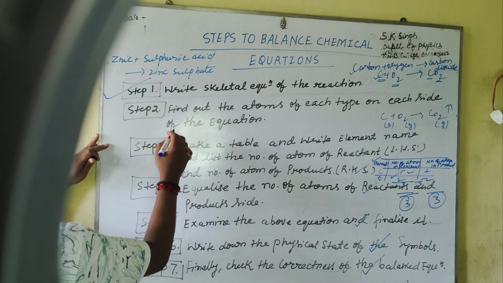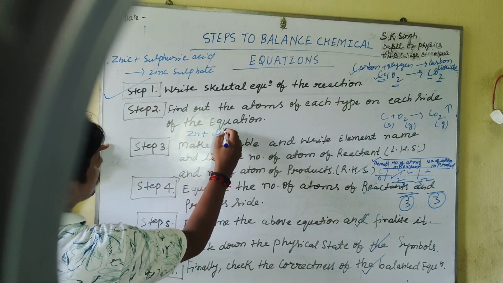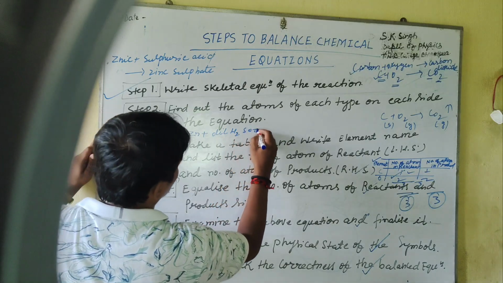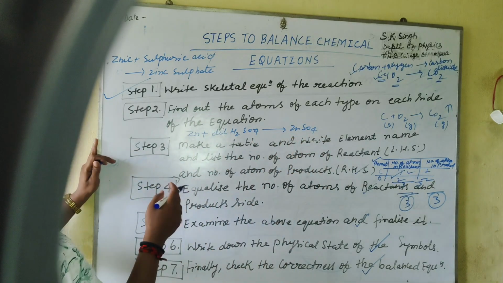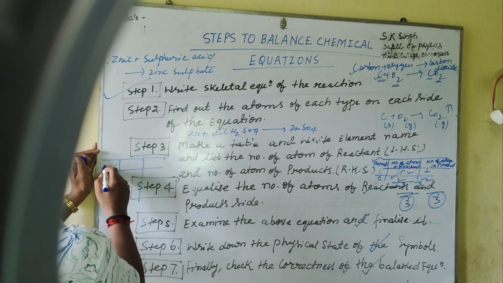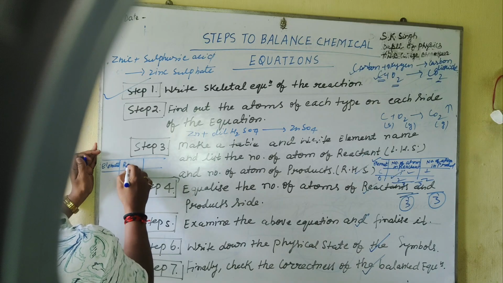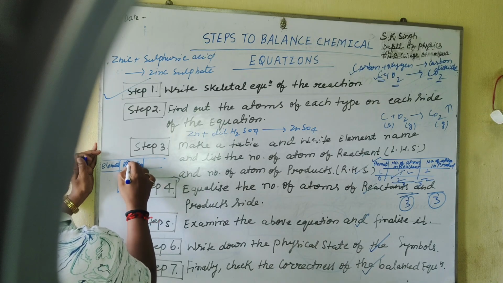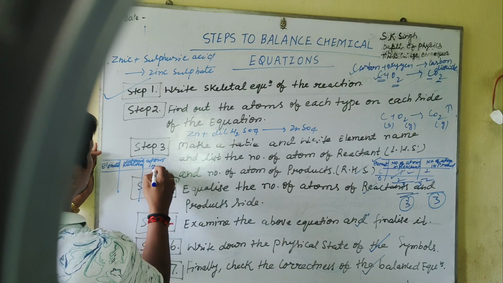After that, you can write zinc plus dilute H2SO4 gives ZnSO4. After that, you can make a table: Element, atoms in reactant, atoms in product.